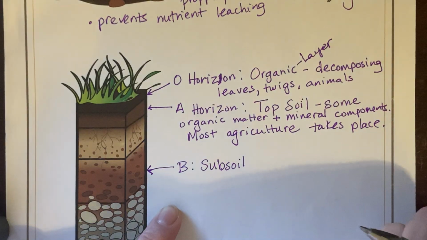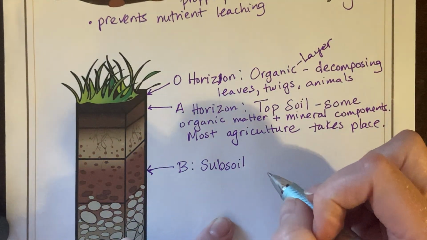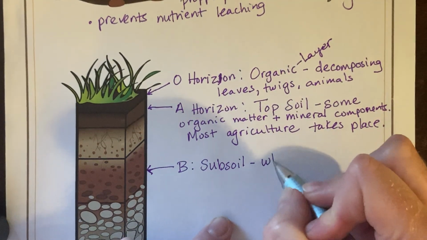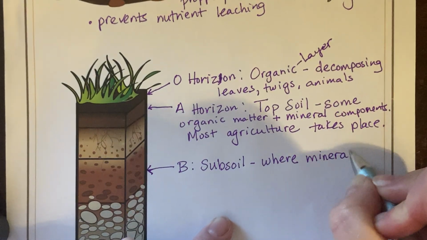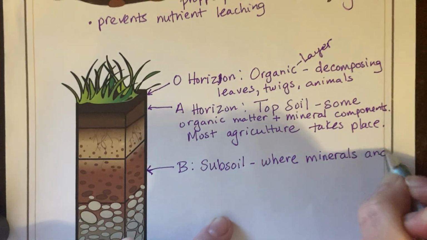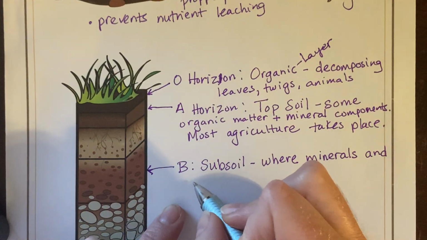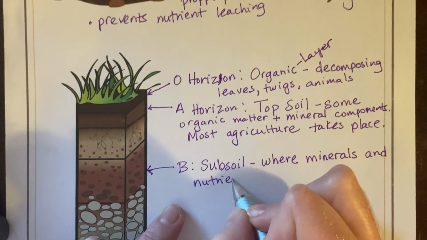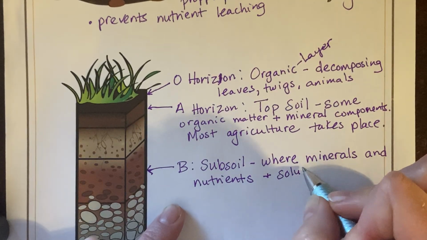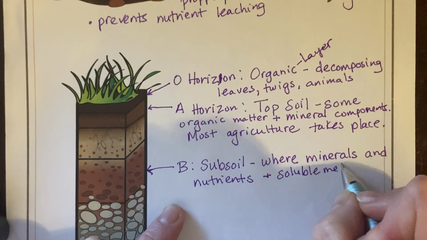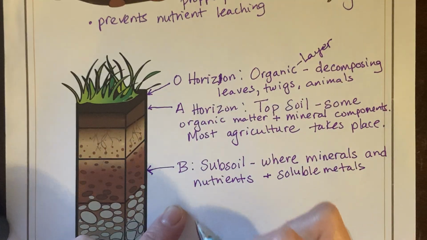It's the B horizon, your subsoil. And it's where your minerals accumulate. It's minerals and nutrients when they leach through, and your soluble metals accumulate.